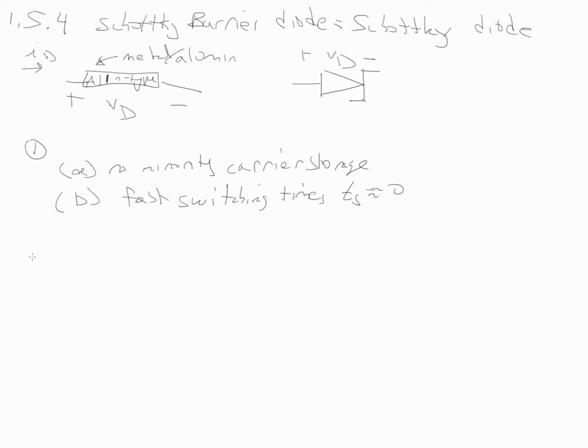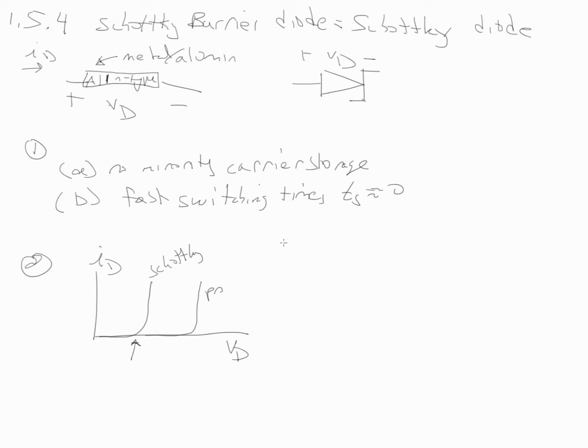And so if we look at a curve, and they present this in the book, of ID versus VD for the Schottky one, I should say, versus the PN. So this is the PN, this is the Schottky one. So you have a much lower turn-on voltage than a PN junction.